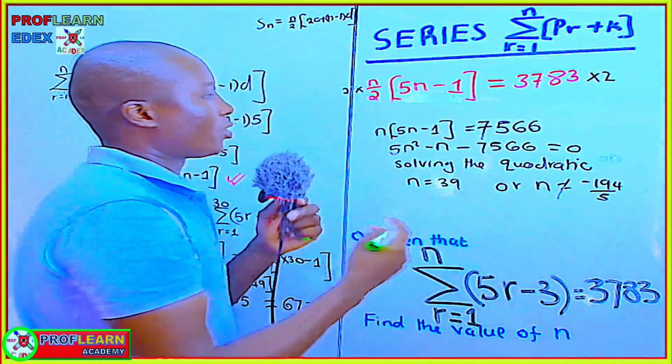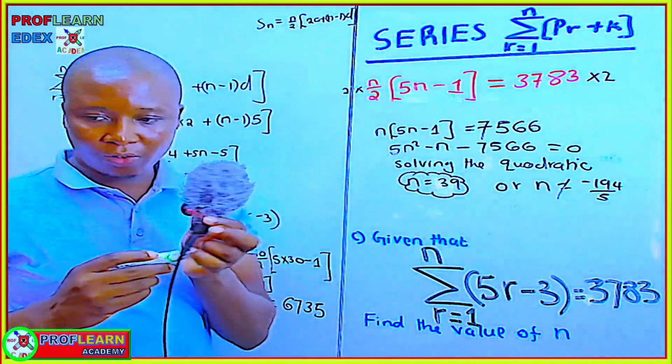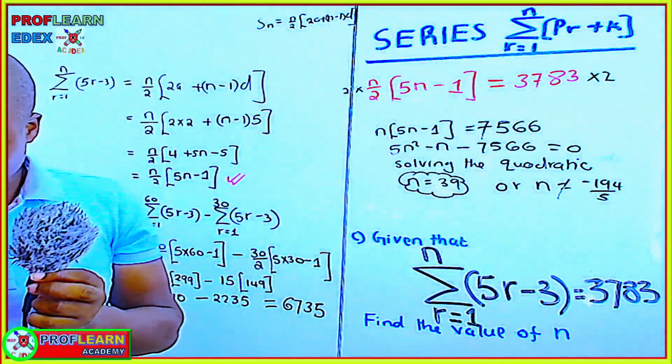Then n cannot be the second, because n must be an integer. So our value of n in this case should be 39.